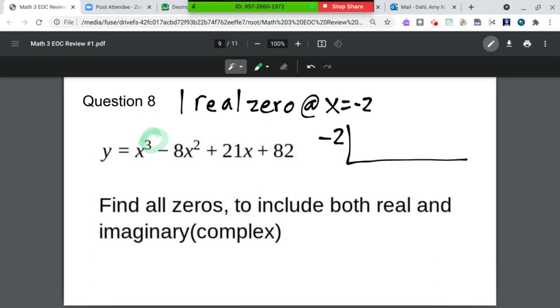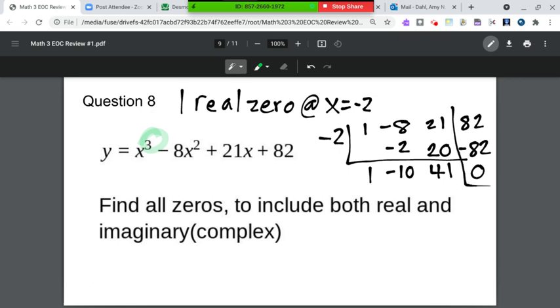Okay, so let's set up synthetic division. -2 goes on the outside. Does anybody remember what goes across the top at the inside? 1 minus 8 plus 21 plus 82. Got it. Now it's an algorithm. Drop, multiply, add, multiply, add, multiply, add.